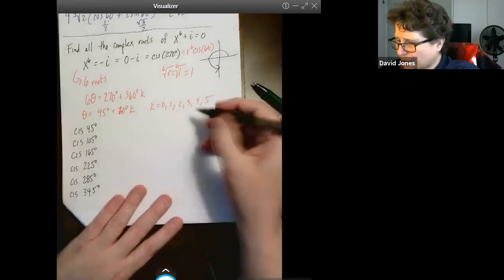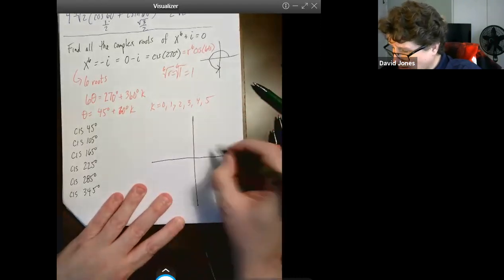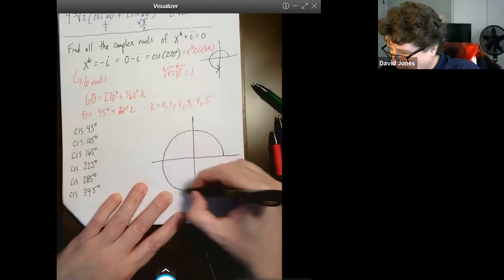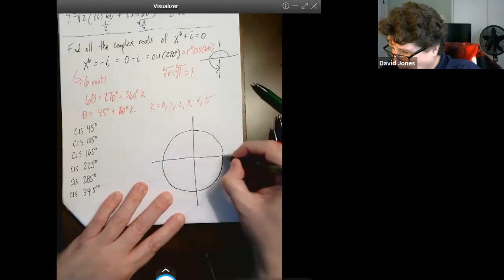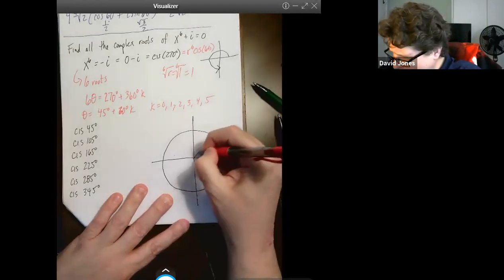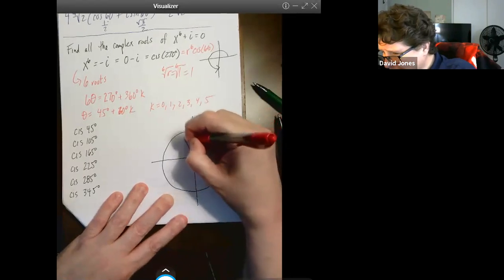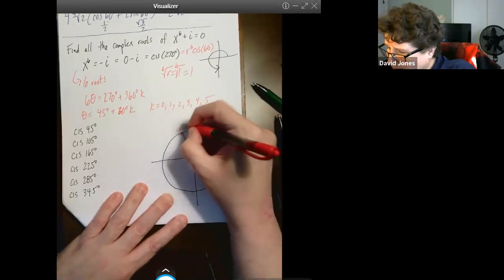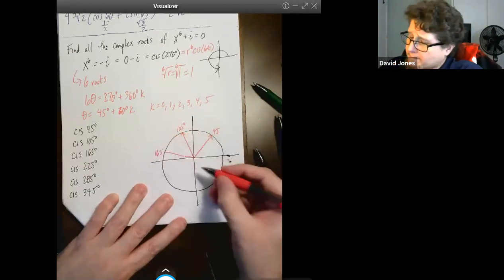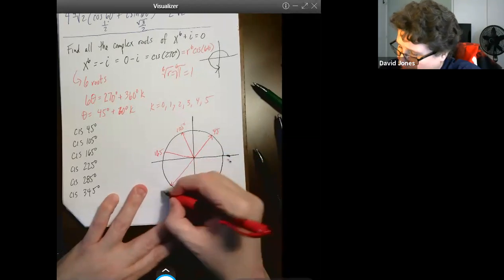You'll notice that when we graph it on a circle, 45 is right here. 105 is right there. 165 is right there. Exactly straight across is 225.